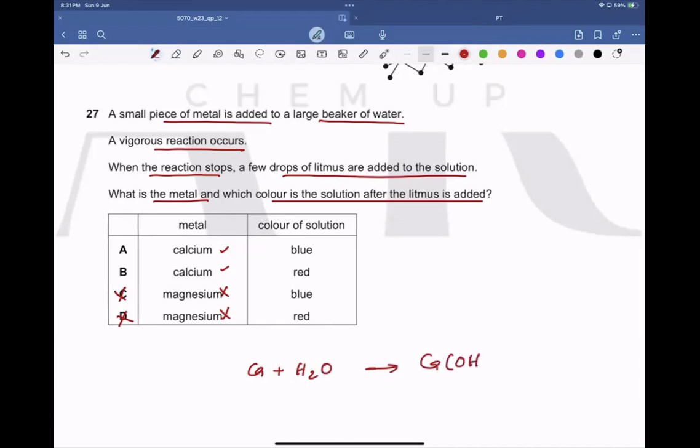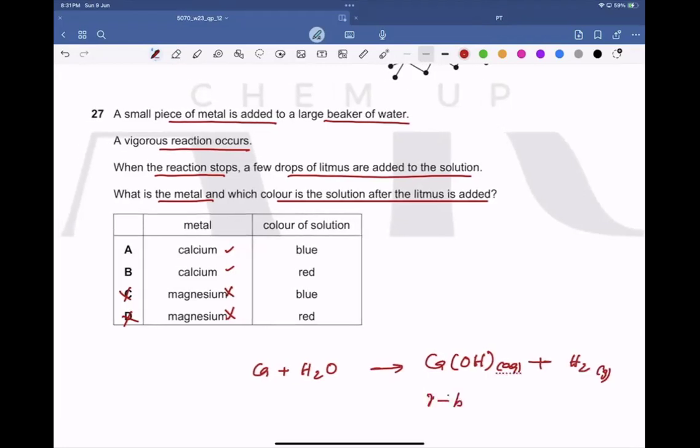Calcium hydroxide, which is an alkali, and hydrogen gas. So if it's an alkali, red to blue would be the color change. So at the end of the experiment, the color of the solution would be blue, not red. B goes wrong, and A is the correct answer. Is this understandable to all of you?